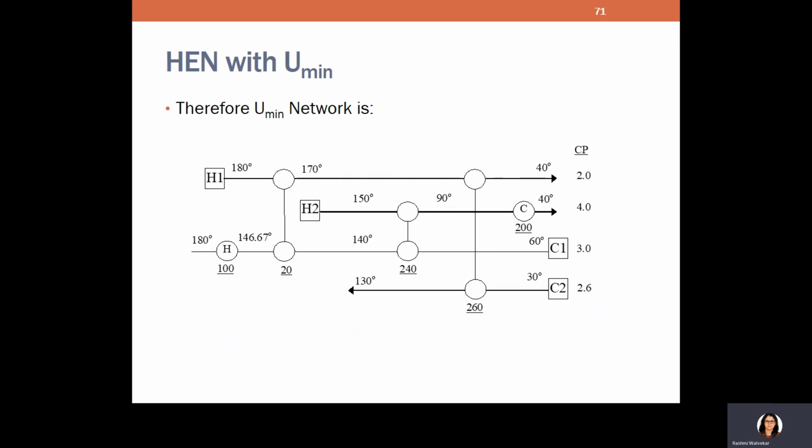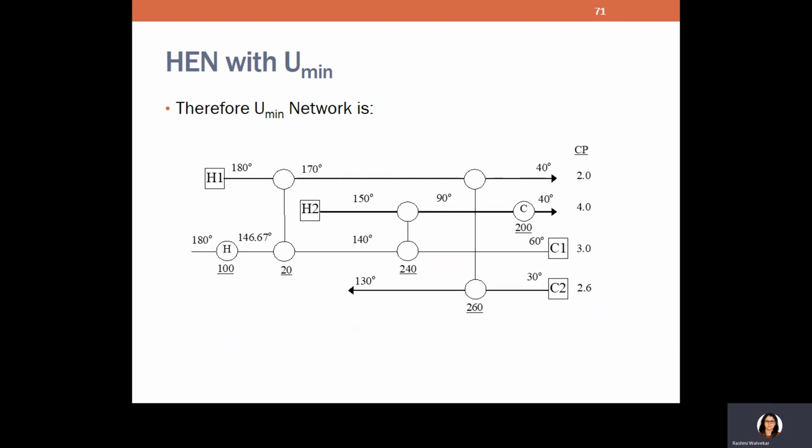So now when we optimize the network, we minimize the number of heat exchangers, or we may completely remove them from the network. So we are also reducing the capital cost, the equipment cost is also reduced.